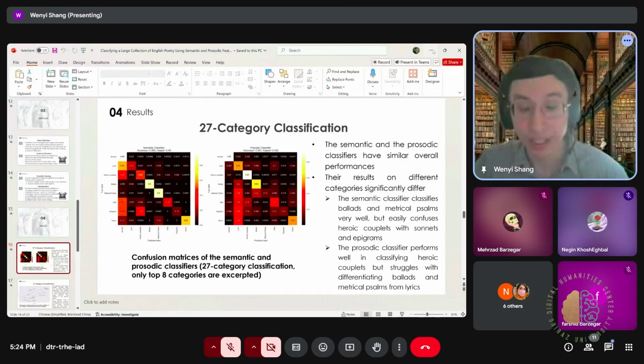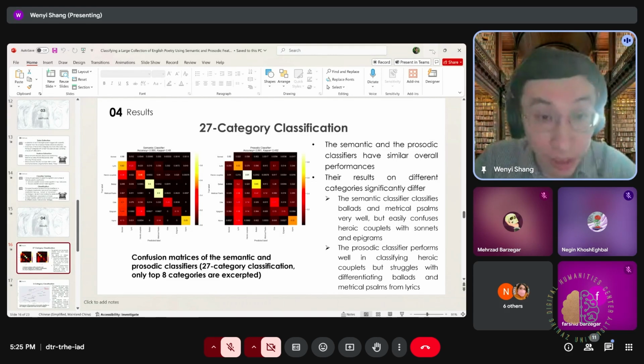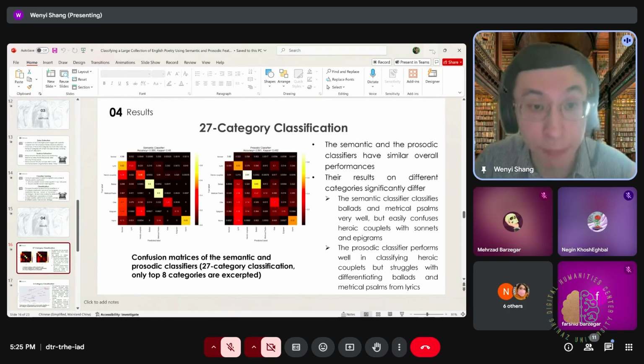On the other hand, the prosodic classifier performs well in classifying heroic couplets, which is where the semantic classifier struggles. However, it struggles with differentiating ballads. You can see from the fourth row and the fourth column that it classifies 20% of ballads into lyrics and 22% of metrical sums into ballads.